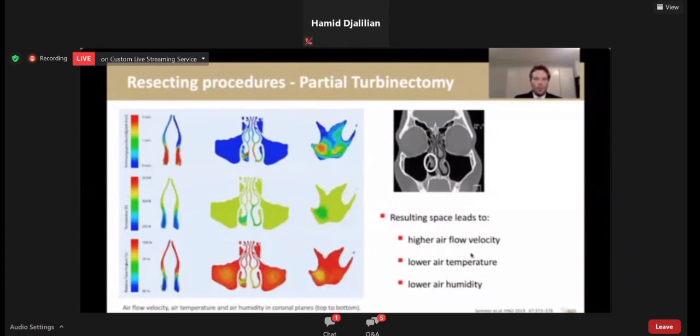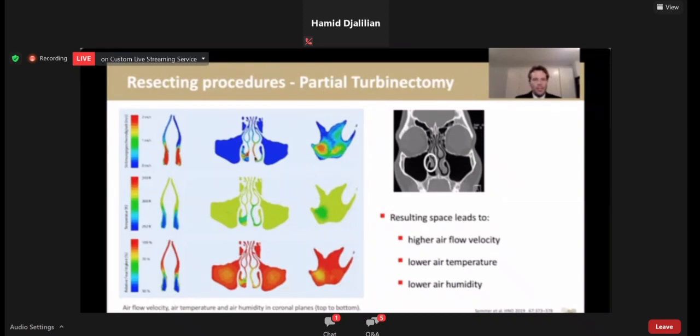So there was a simulation of the airflow velocity. You can see it here in the frontal part of the nose, in the middle part, and in the nasopharynx. You can see the temperature changes and also the air humidity changes.